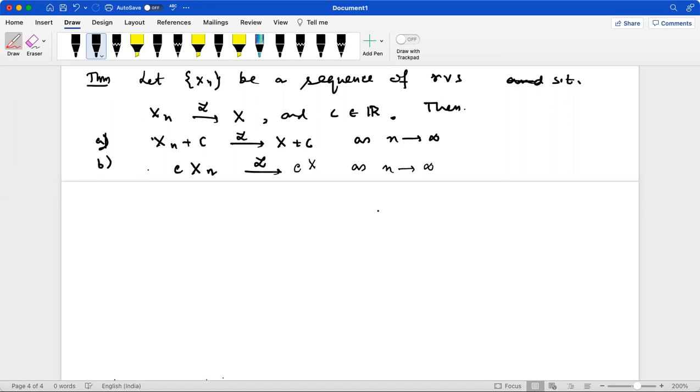Now, this is a very weak concept of convergence. Next is a slightly stronger concept of convergence.